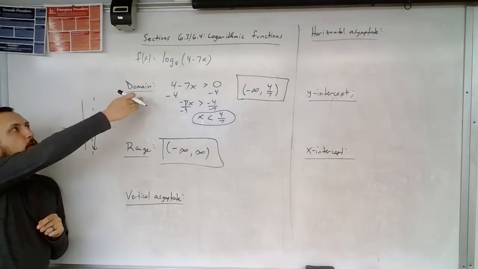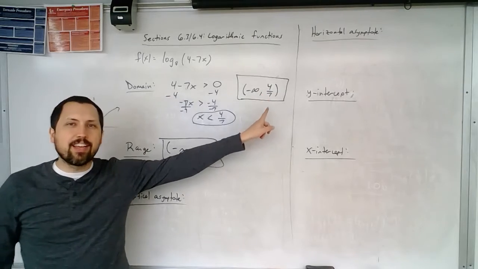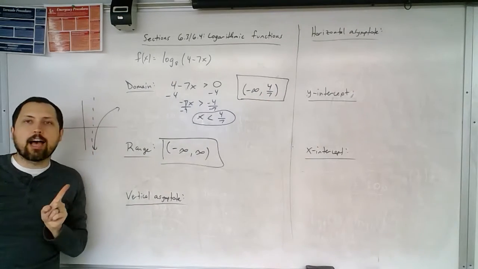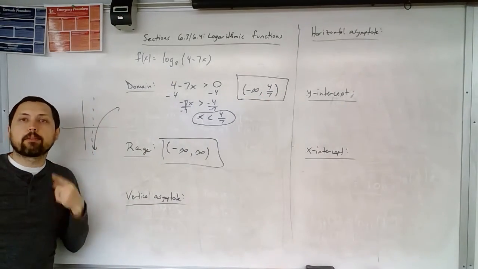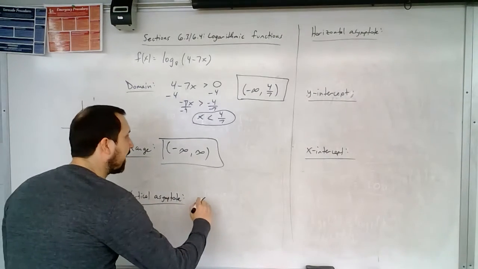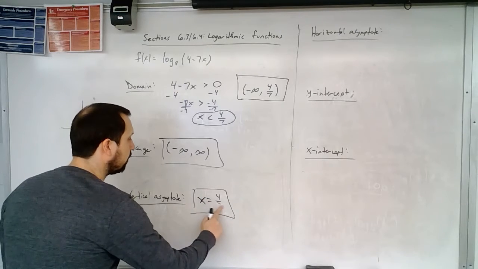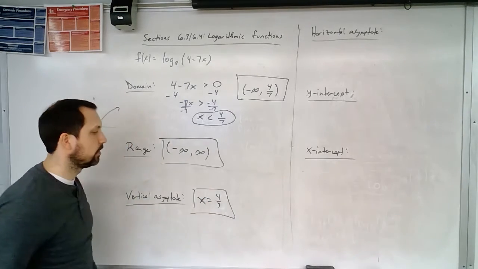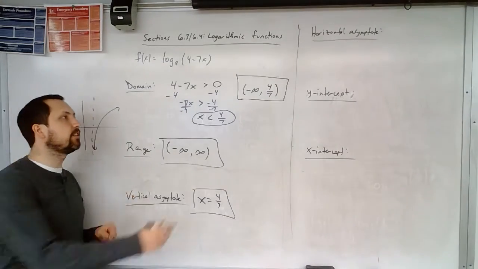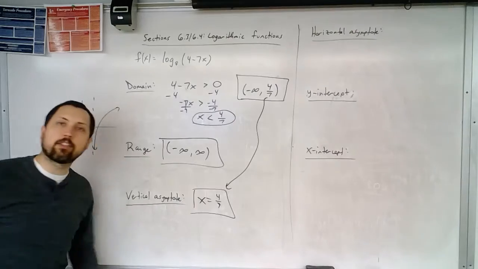So notice the domain, if the domain's cutoff is 4/7, that is where a vertical asymptote will appear. And remember, the equation of a vertical line is x equals, so our vertical asymptote is x equals 4/7. So this number up here tells us the vertical asymptote.